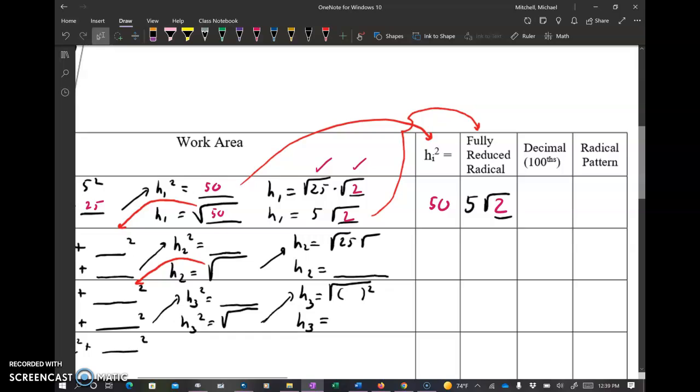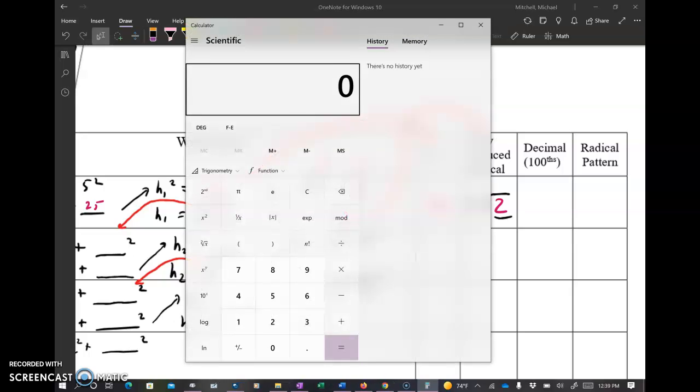Decimals. Let's look at that. So we've got calculator. Oops, that's not turned on. Calculator. 5 times square root.